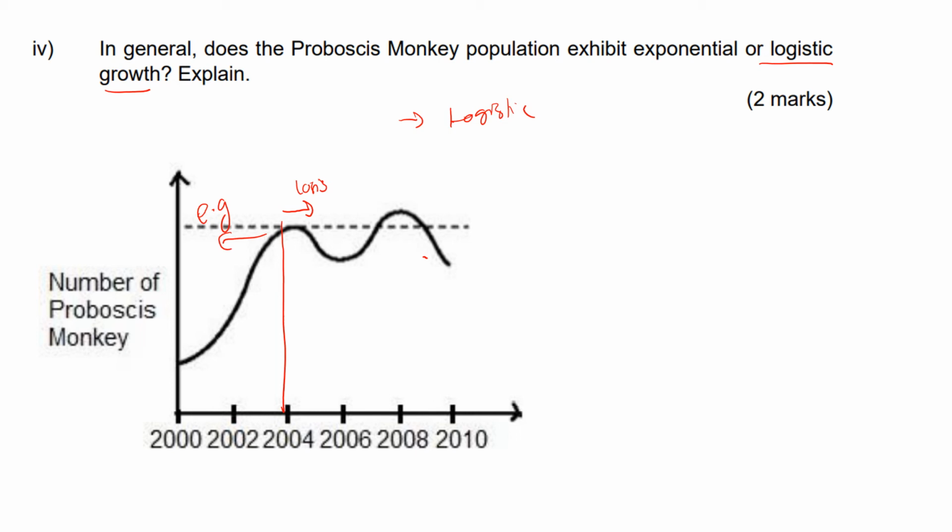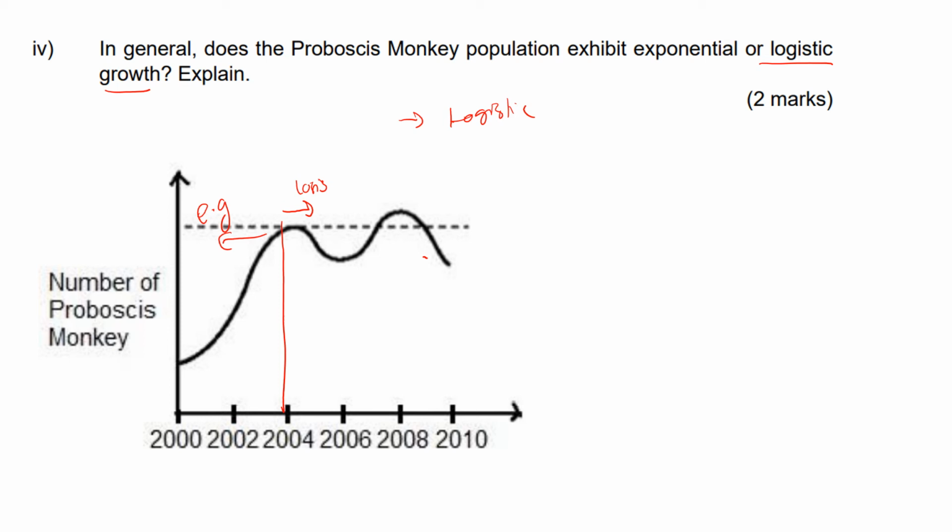due to the presence of limiting factors, like what we have discussed in the previous question, such as limited food that is present in the habitat, or for example they are hunted by human, or they experience habitat destruction, or the monkey are infected by certain diseases. So this will prevent the growth of the monkey population to further increase.